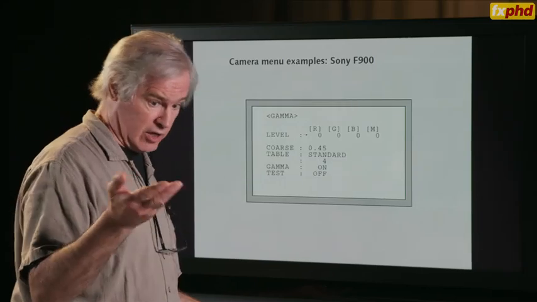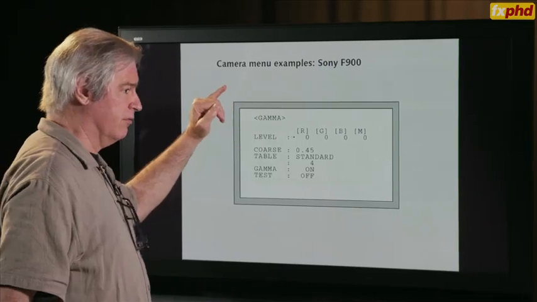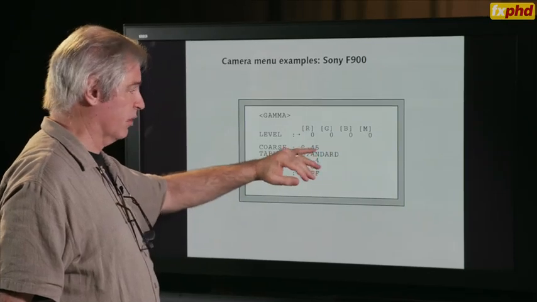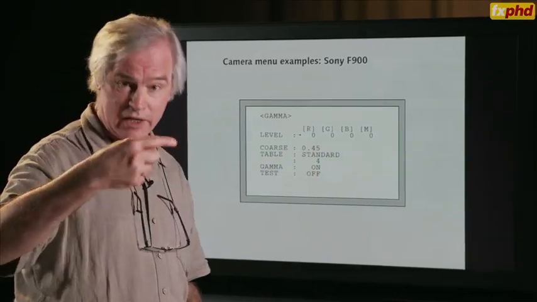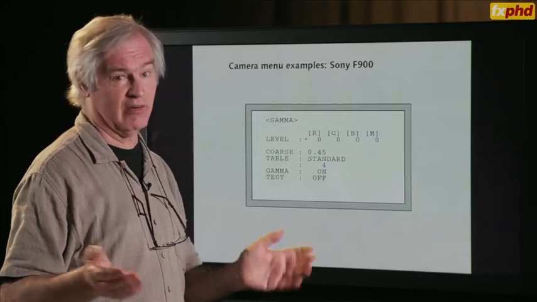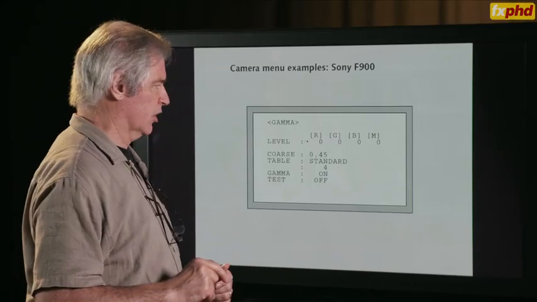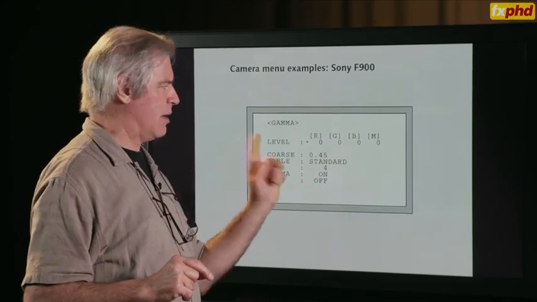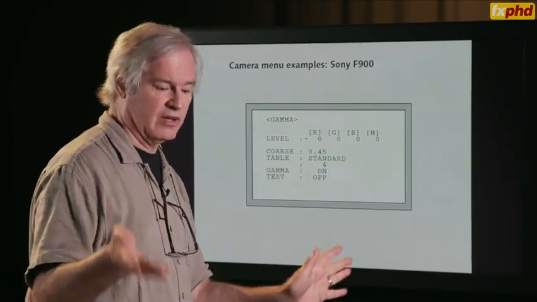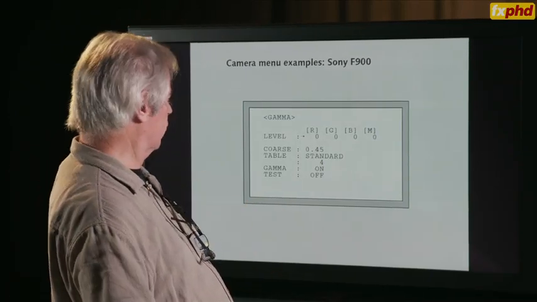Things are getting better now, but historically, the DOP or the videographer would have dialed in, say, for this example, 0.45 gamma, which I've already explained to you is not actually effectively a 0.45 power function. It ends up being a 0.5 power function. So it was very difficult to map back from an HD shoot into anything that's VFX friendly, and this is what the Scene Linear framework is trying to repair.